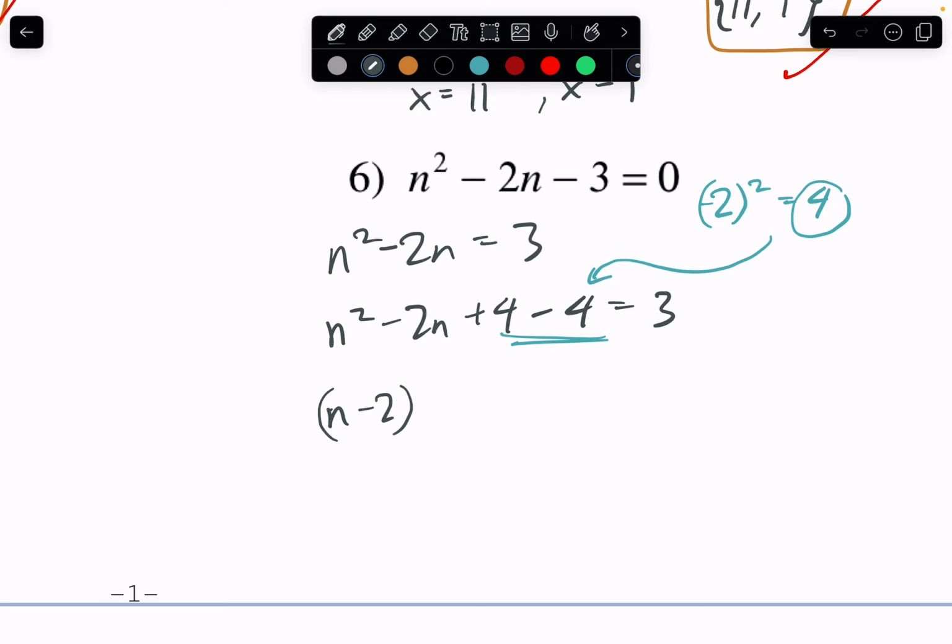This is different, definitely. Give me a minute. Let me try Photomath.